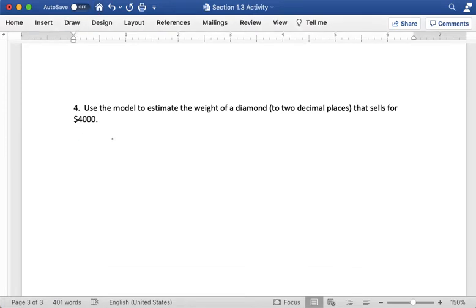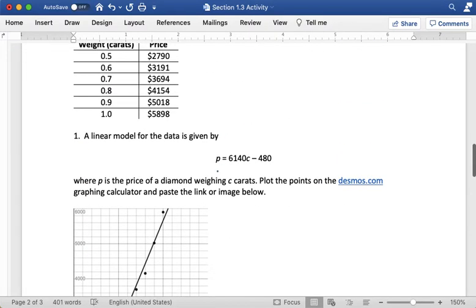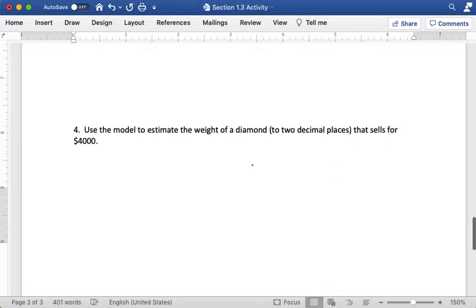So now I have the price, $4,000, so I'm going to plug that into the equation for P, and I'm trying to solve for C. So we have 4,000 equals 6,140C minus 480.